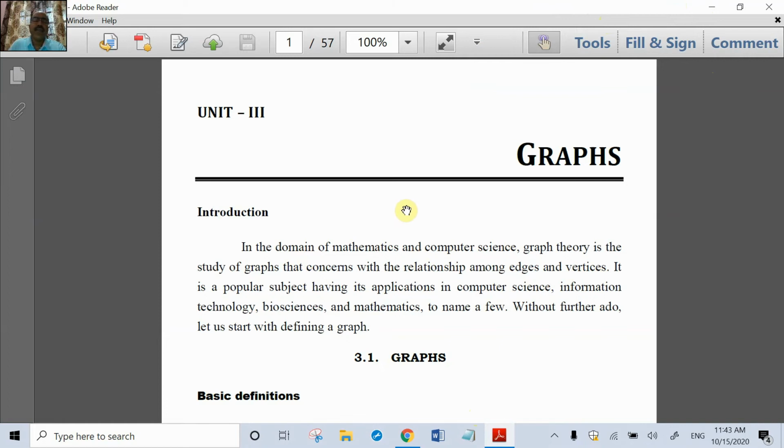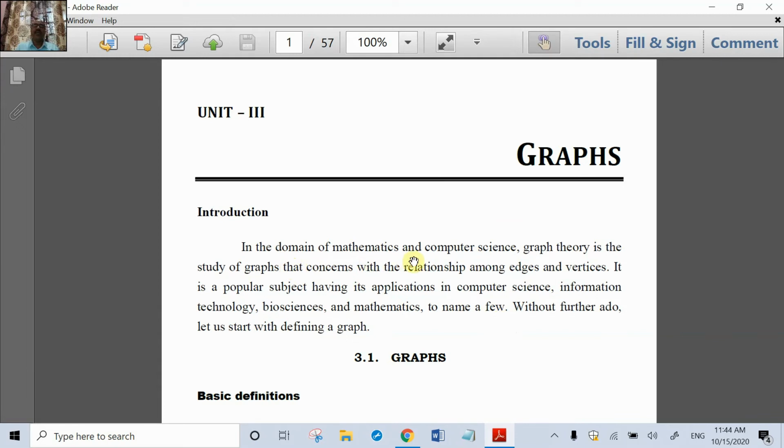I think you have studied Unit 1 and 2, logics as well as combinatorics. Now, another one, we see the representation of real life problems. That is, we convert that into a pictorial or graph notation, that is graph.